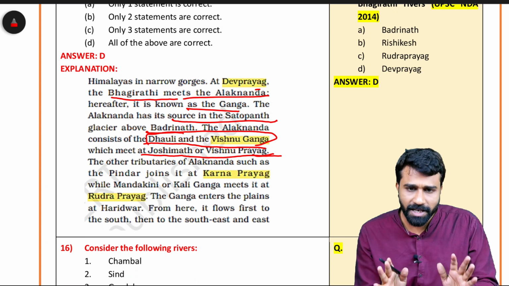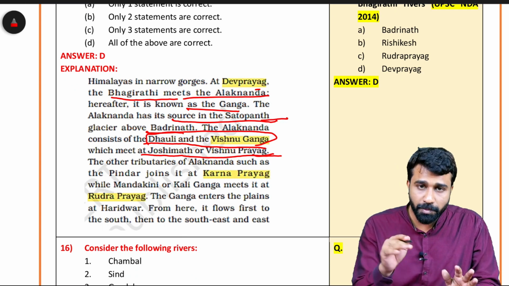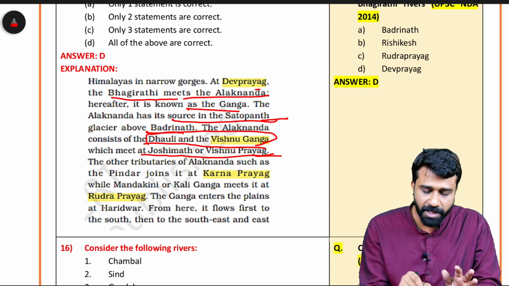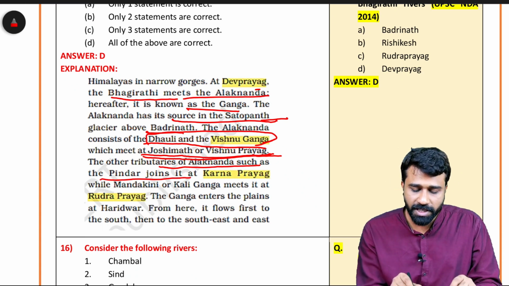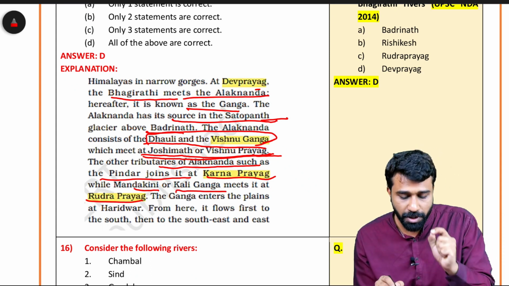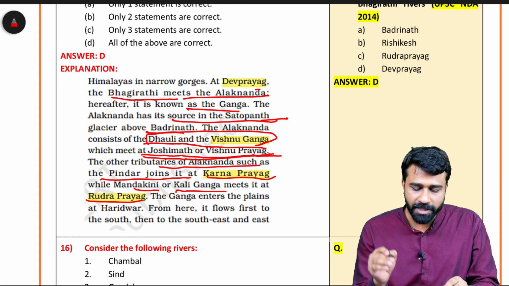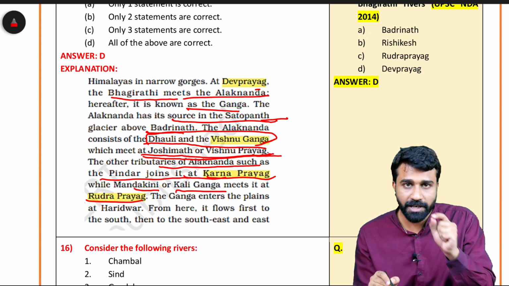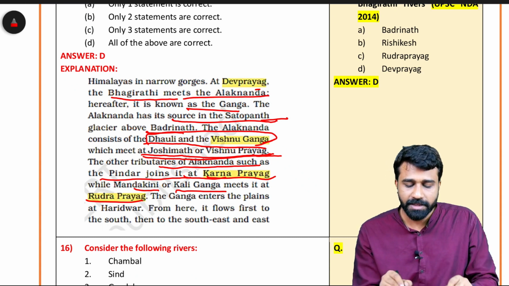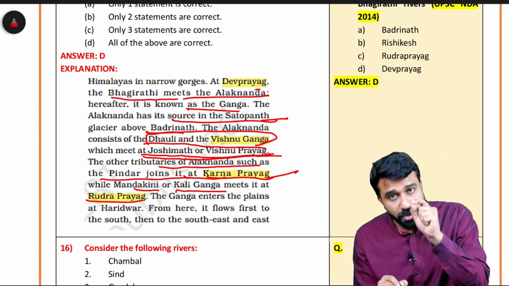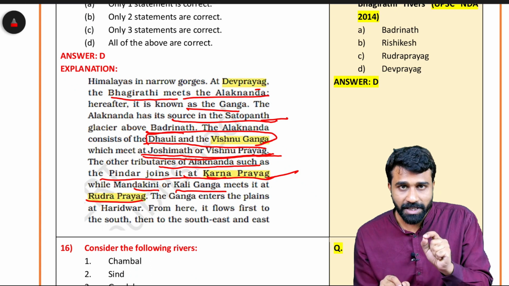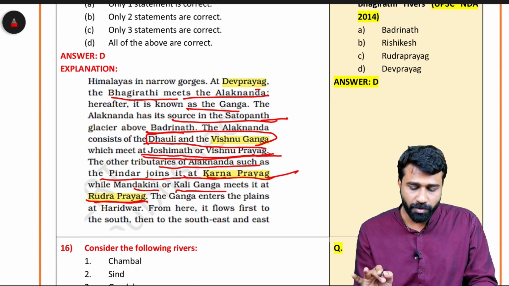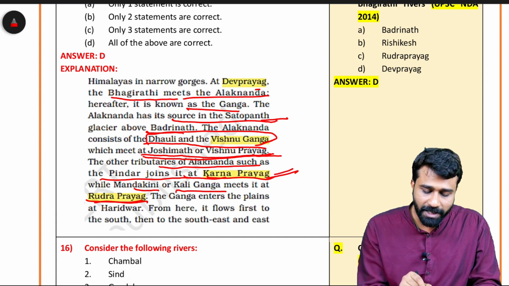Alakananda actually has its source at the Satopanth glacier above Badrinath, but it consists of Dhauli and Vishnu Ganga, which meet at Joshimath or Vishnuprayag. Other tributaries of Alakananda such as Pindar join at Karnaprayag, while Mandakini, or Kali Ganga, meets it at Rudraprayag. Mandakini and Kali Ganga are the same.